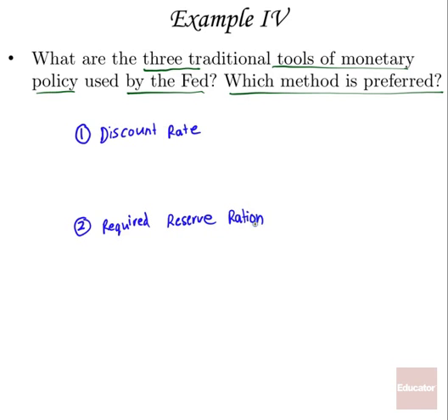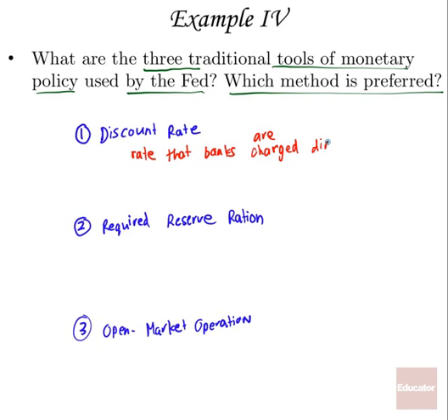And three is open market operations. To give you an idea, the discount rate is the rate that banks are charged directly by the Fed.